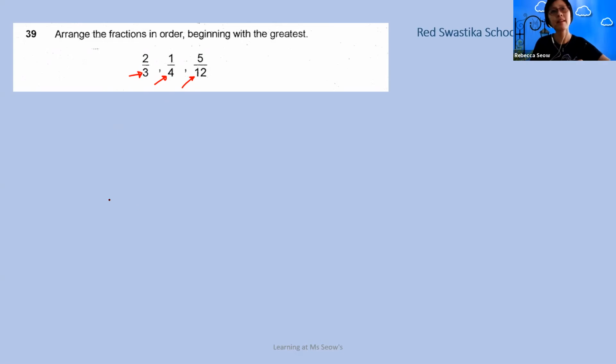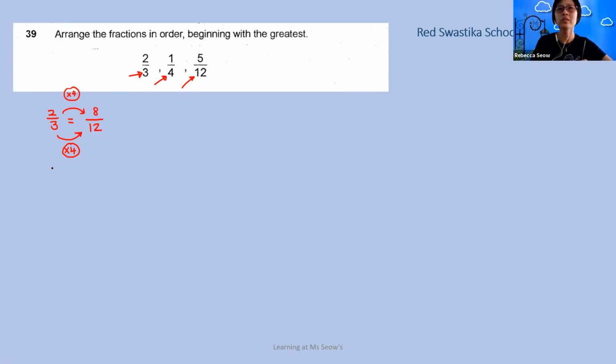Now, if we want to explore 2 out of 3, you realize that 2 out of 3 can indeed be an equivalent fraction of denominator 12. We can multiply both numerator and denominator by 4. So we have 8 out of 12.